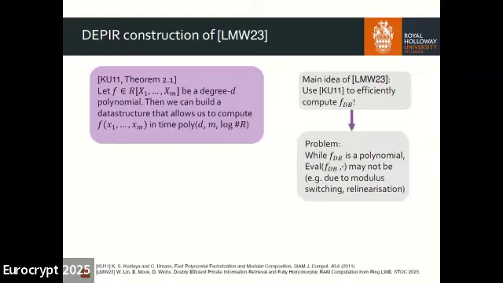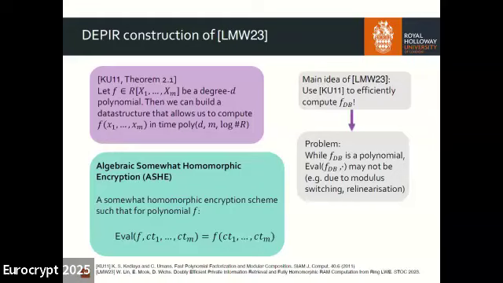There is a slight snag. While f sub dB is itself a polynomial, in typical homomorphic encryption schemes, Eval of a polynomial may not be exactly a polynomial itself, because we have all these ciphertext maintenance operations which we do for efficiency, like modulus switching or relinearization.